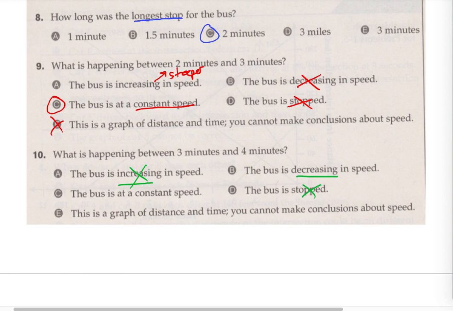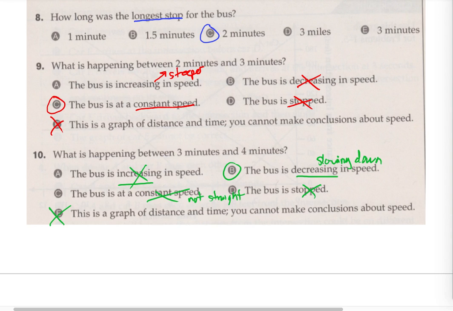We know they're not stopped yet. Constant speed, no, because the increase or decrease is not straight. So the bus is decreasing in speed. That's another way to say slowing down.